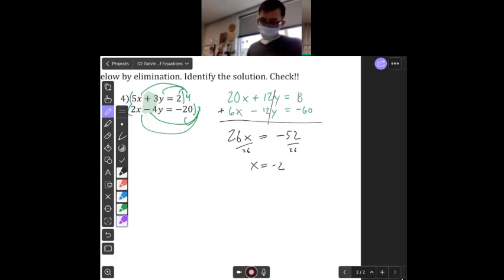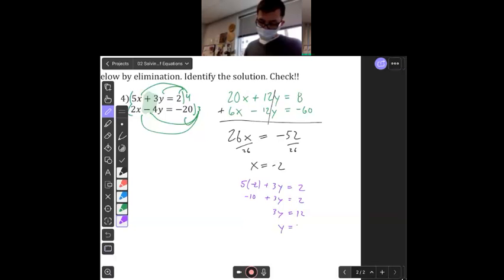And then plug it back in. Again, kind of just figure out which one you want to do. I'm going to use the first equation. Yeah, always plug it back into the original. So adding 10 to both sides, 3y equals 12.